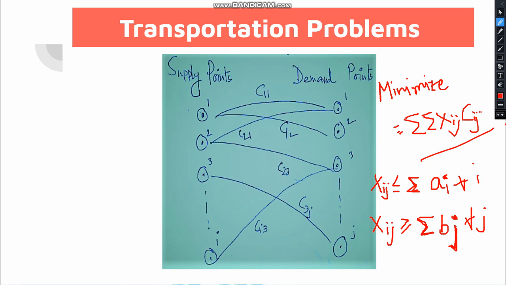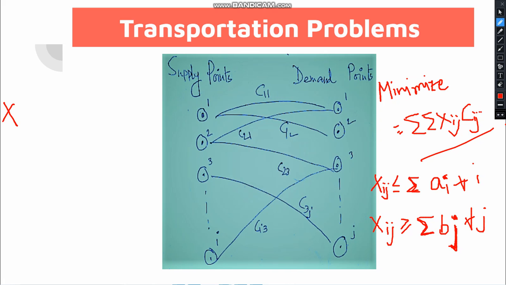Now suppose that the company is transporting the material more than the demand. The transportation does require some amount of cost, so there is no reason they would transport more than the demand.